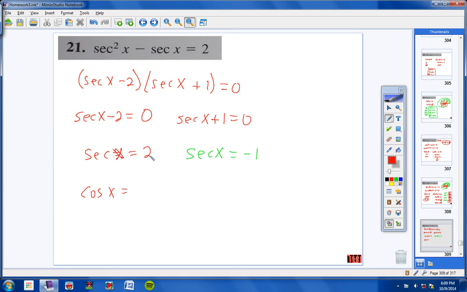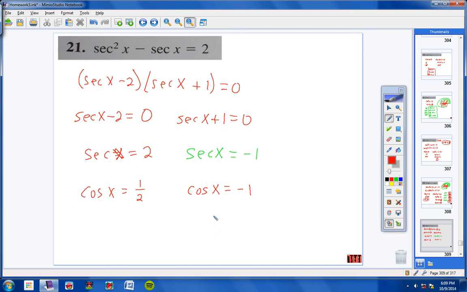I would flip the 2 and I would put 1/2 here, okay? Now over here the same thing. For secant I would put cosine and then flip negative 1, and when you flip negative 1 you still get negative 1, okay? Alright, now let's do cosine of x equals negative 1 first. That should be pretty simple to do, students. Here we go.